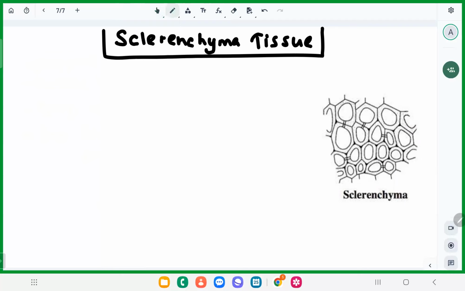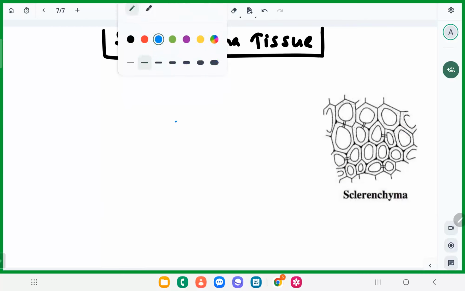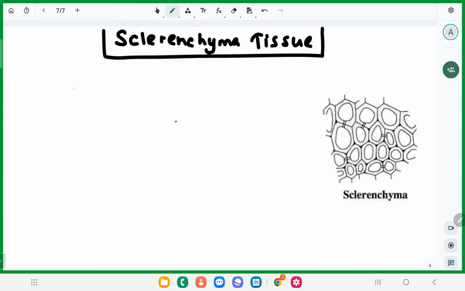But the unique feature of this sclerenchyma tissue is that all these cells are dead cells. If you take a look at these cells, you don't see anything inside them, right? There's no nucleus, there's no cytoplasm, there's basically nothing inside the cell. It's a hollow space inside the cell. So these are all dead cells.